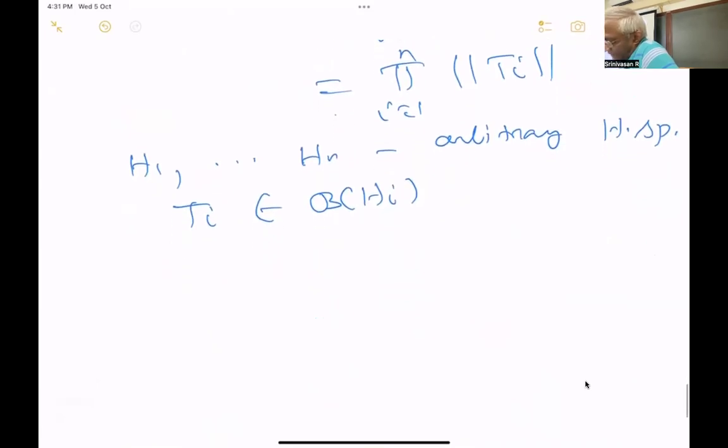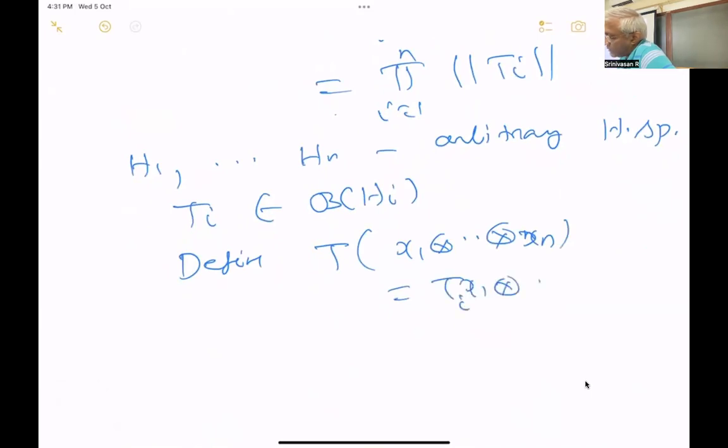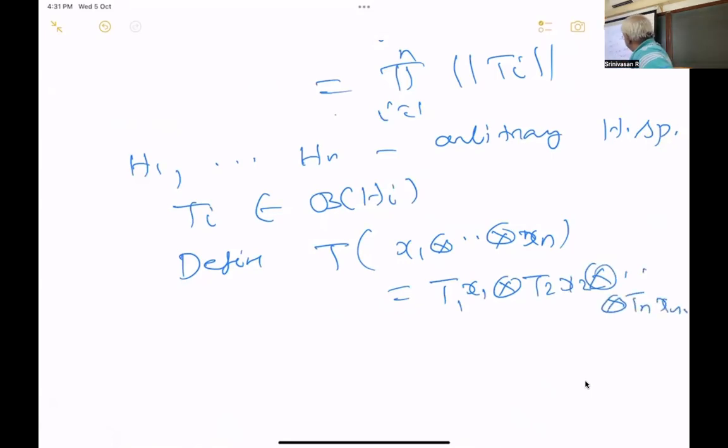Then we can define T, acting on x_1 tensor up to x_n, by T_1 x_1 tensor T_2 x_2 tensor up to T_n x_n. You can write the tensor product like this and extend linearly to the linear span of elementary tensors.